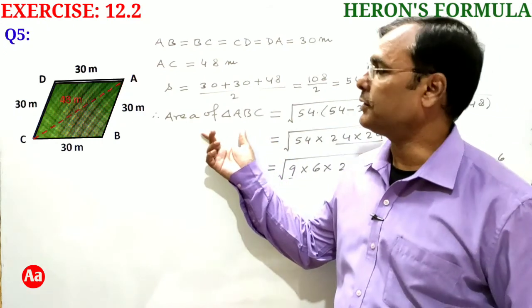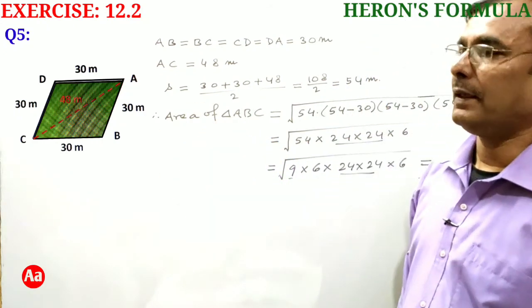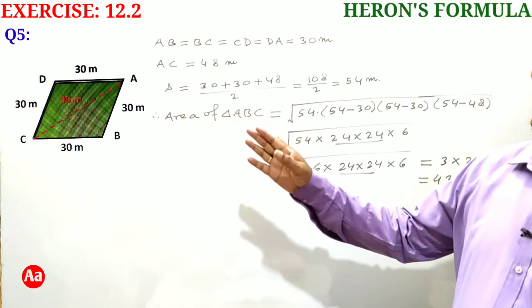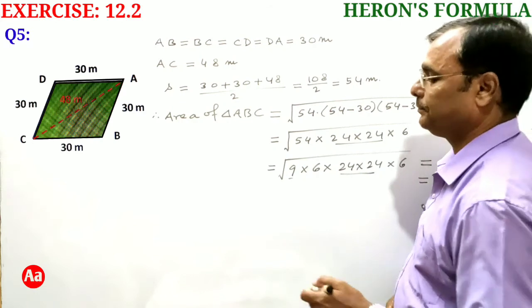This is the area of triangle ABC, the half part of the rhombus shaped grass field ABCD.